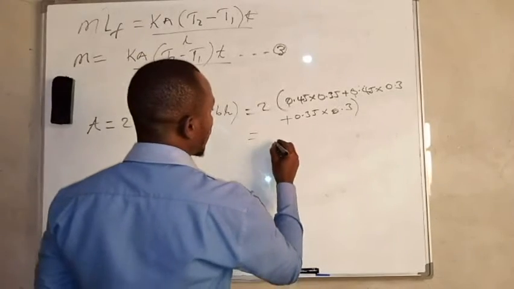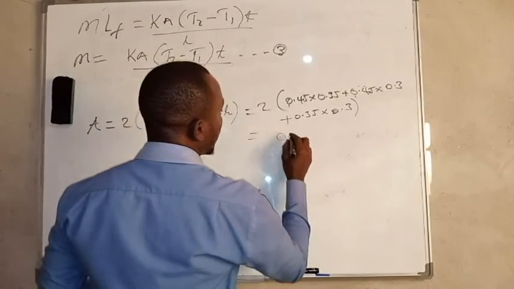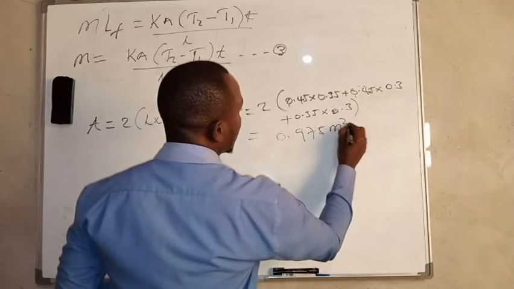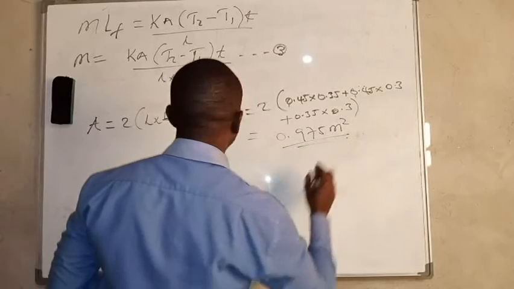On the calculator, this gives us 0.9756 square meters. So this is the area.